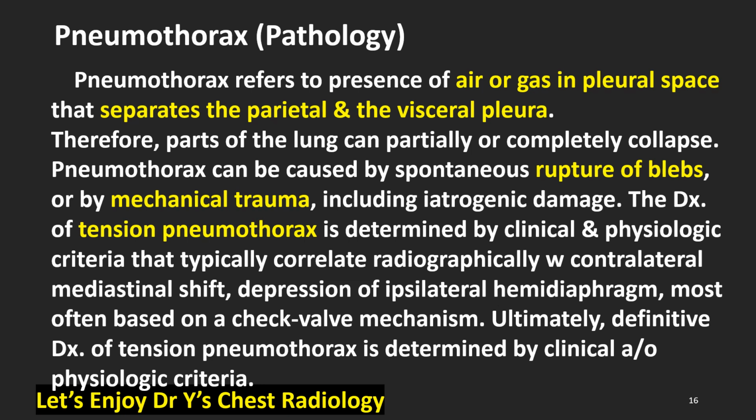The diagnosis of tension pneumothorax is determined by clinical and physiologic criteria that typically correlate radiographically with contralateral mediastinal shift and depression of the ipsilateral hemidiaphragm, most often based on a check valve mechanism. Ultimately, definitive diagnosis of tension pneumothorax is determined by clinical and/or physiologic criteria.